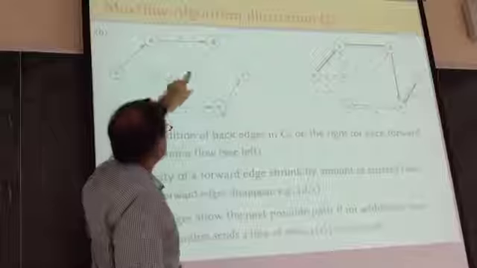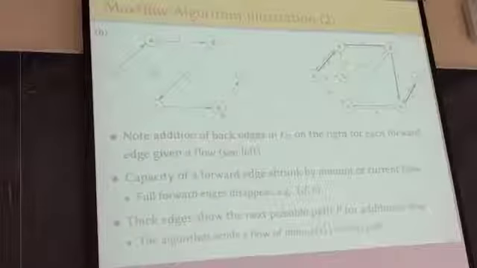So this 1 unit is being pushed through that path. That is the current flow. Now what is the residual graph? The residual graph basically says that you have used up that capacity.